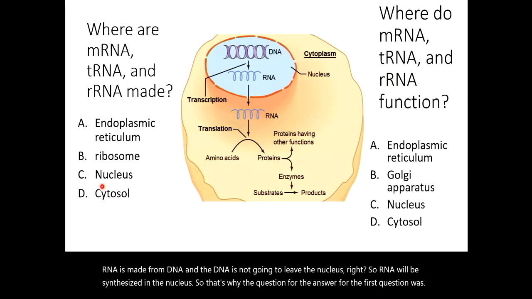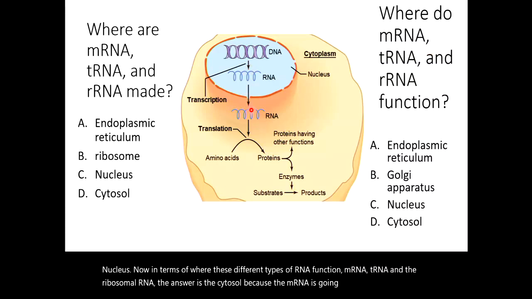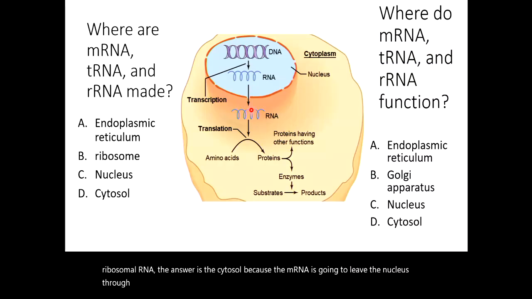Now, in terms of where these different types of RNA function, mRNA, tRNA, and the ribosomal RNA, the answer is the cytosol, because the mRNA is going to leave the nucleus through the nuclear pore, move into the cytosol, and then let's say it's undergoing translation.